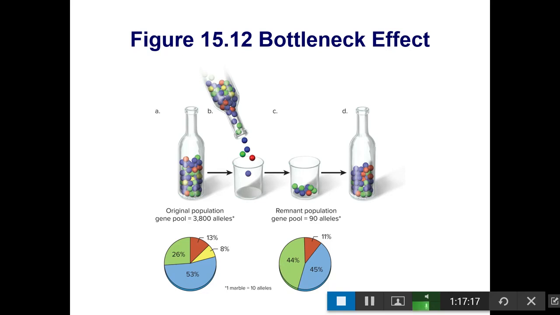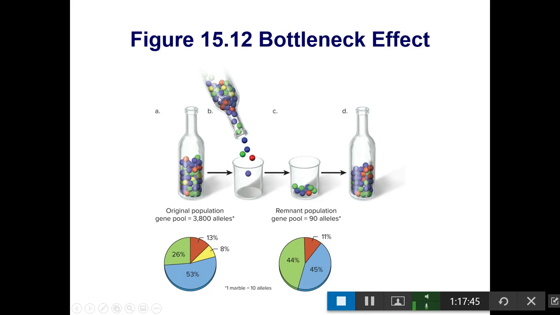There's now a great reduction in the number of marbles in the beaker versus what was in the bottle. So here we have 44% of these marbles are green, 45% are blue, 11% are red, and there are no yellow marbles. So we lost a whole phenotype in this bottleneck effect.